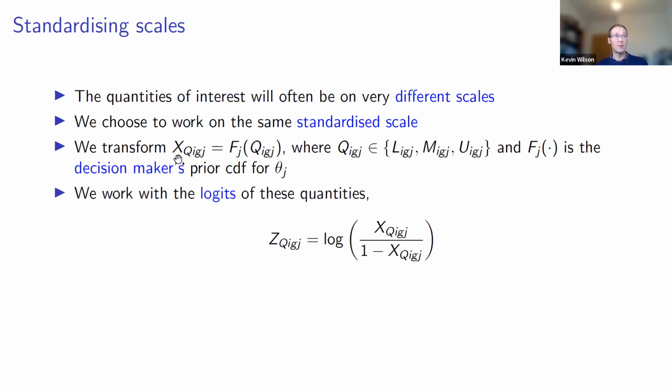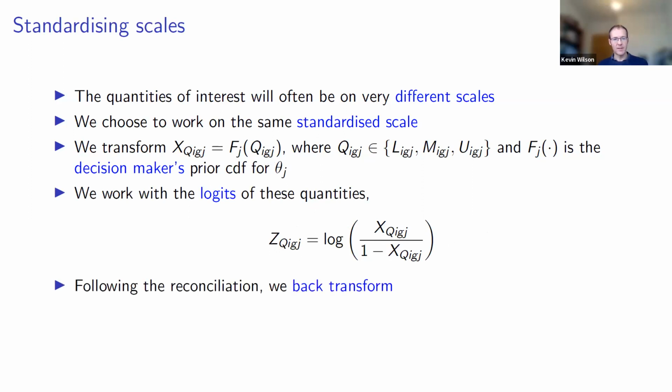But we want to use this hierarchical model, which is assuming things are normal. So then we take the logit of the X's, so log of X over 1 minus X, and that transforms them back onto the whole real line. So whatever scale the Q's were on originally, the Z's are now on the whole real line. And we can use that hierarchical model and we can put in some standard prior distributions for the decision maker and not worry too much about those.